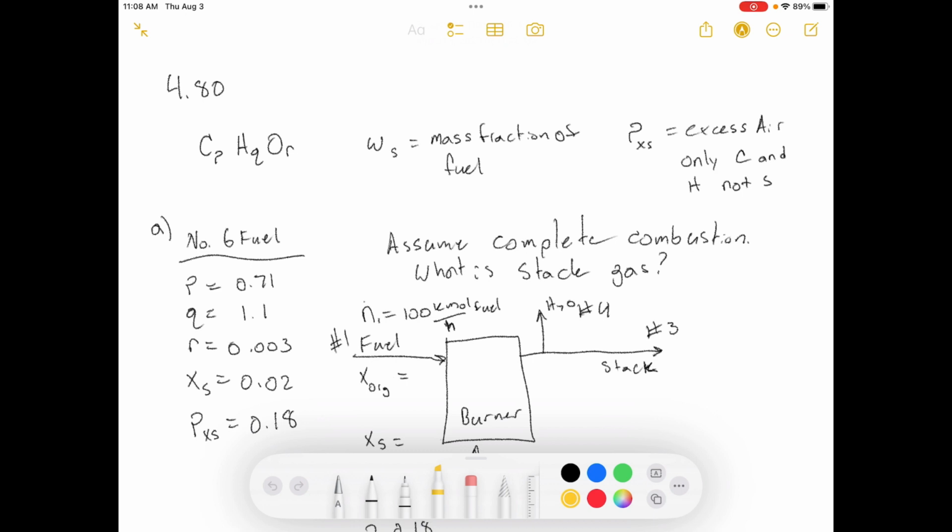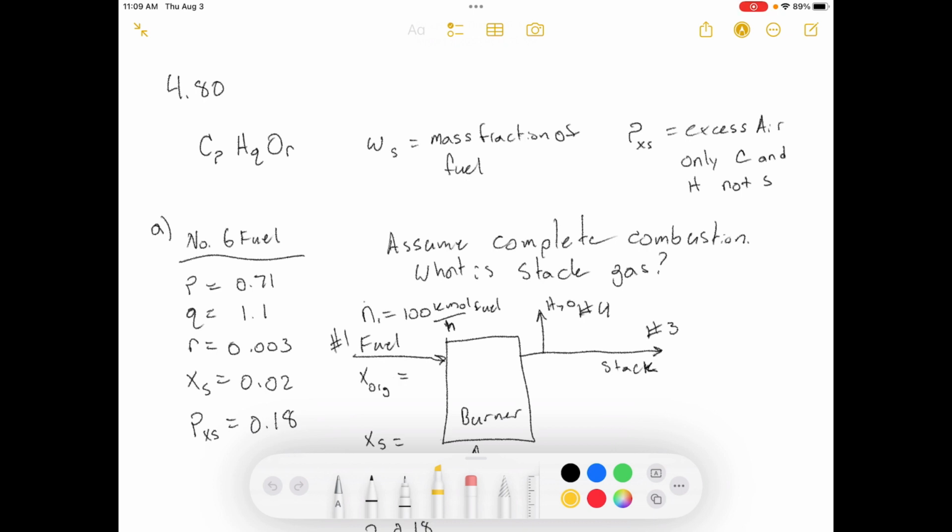The mass fraction of sulfur in the fuel is x_S, so kilograms of sulfur per kilogram of fuel, and the percentage excess air, P_xs, is defined in terms of the theoretical air required to burn only the carbon and the hydrogen in the fuel.